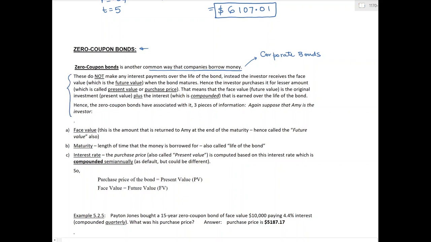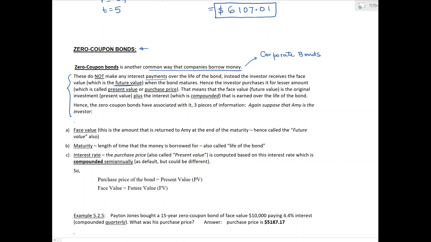So let's read first. These bonds do not make any interest payments over the life of the bond. Instead, the investor receives the face value, which is also called the future value, when the bond matures.